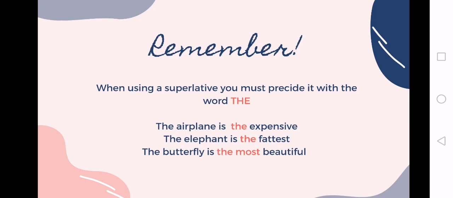Okay, there was a mistake here in the first sentence. I forgot to write the word most. But remember, if the adjective is more than two syllables, you need to add the word most. Like in the third example, the butterfly is the most beautiful. The first one should also be the most expensive.